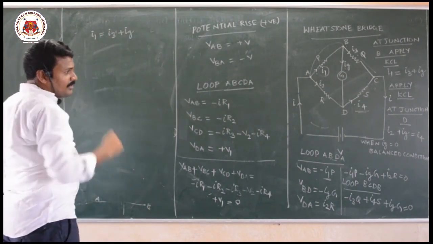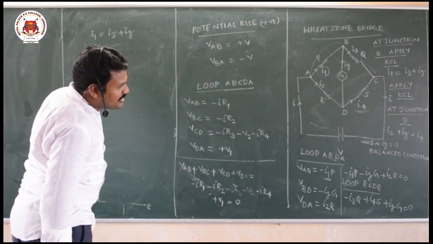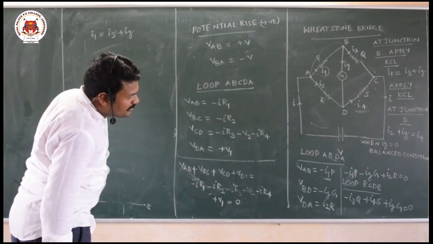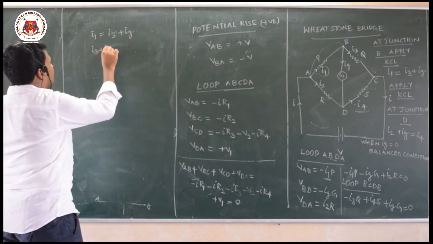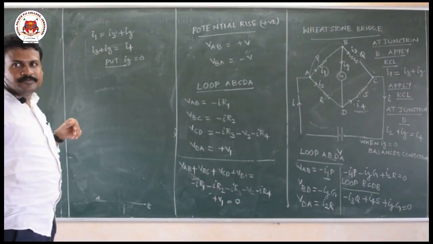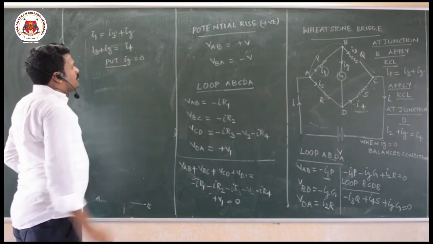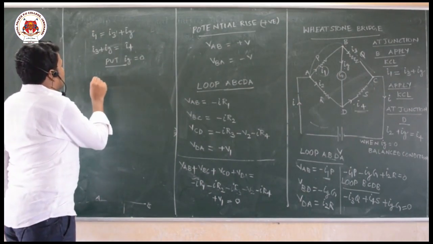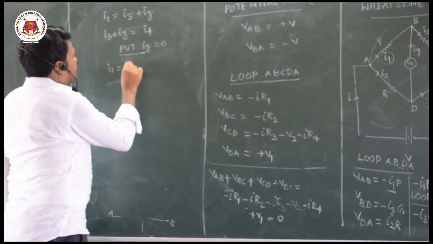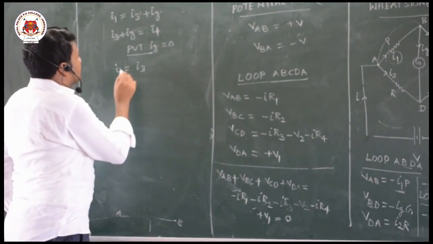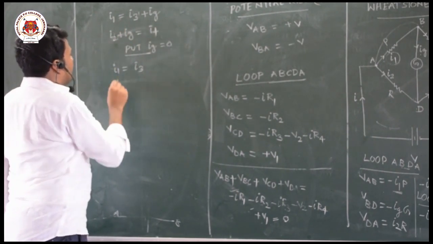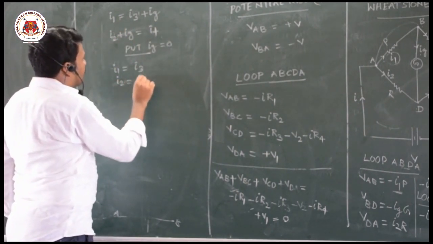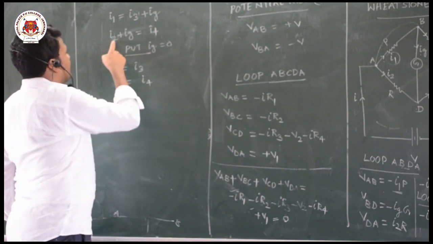At junction D, I2 plus Ig is equal to I4. Put Ig equal to 0, then what you get? I1 is equal to I3, and I2 is equal to I4. Sorry, here I wrote I3, it is I2 actually.